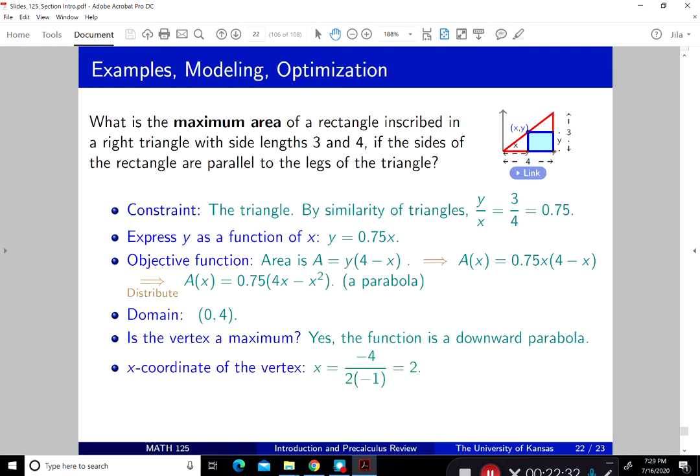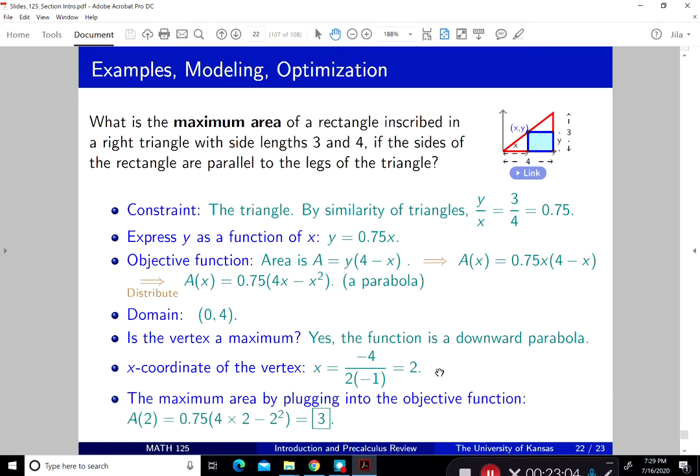And with the discussion of the downward parabola, the vertex is basically, see that 0.75 multiplies both of them, so I know it's going to simplify, and so the vertex is going to be the negative coefficient of the x, divided by 2 times the coefficient of x squared, and that's negative 4 divided by 2 times negative 1, which is equal to 2. So x equal to 2 is the x of the vertex, and it should give us the maximum area.